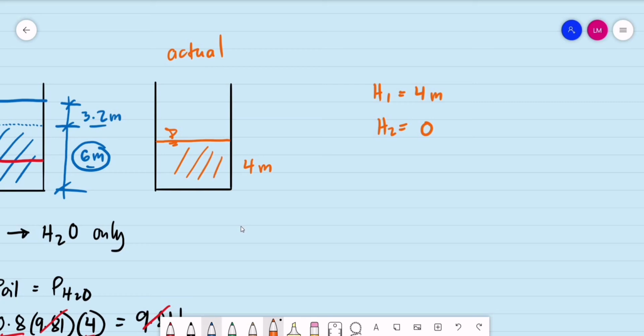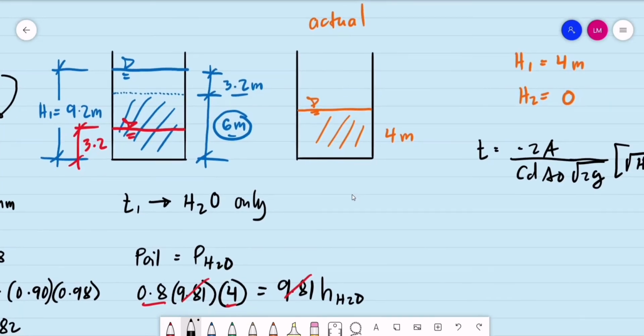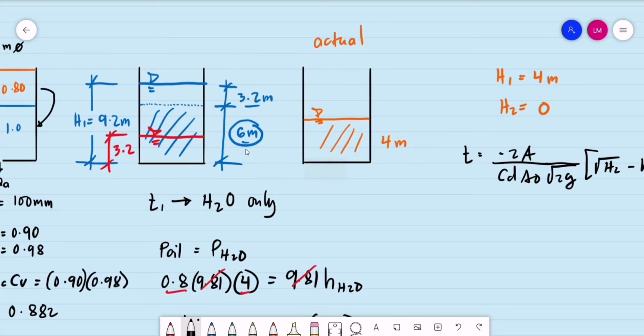So, applicable na yung formula natin na time equal to negative twice area divided by the C sub D, area of the orifice, the square root of 2G. This is multiplied by the square root of the final head minus the square root of the initial head. Kanina, kailangan i-convert as water para maging uniform liquid.